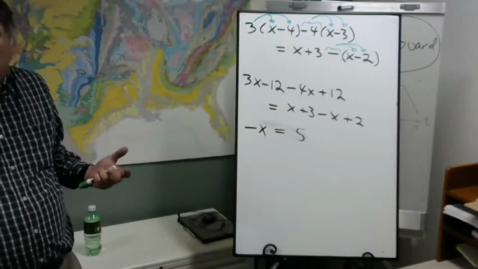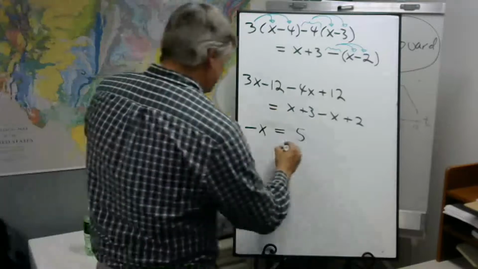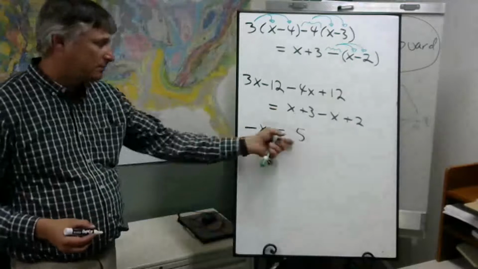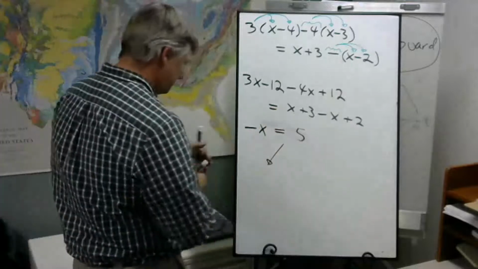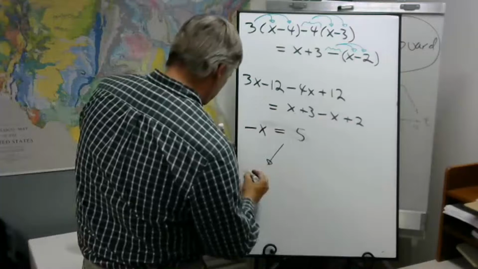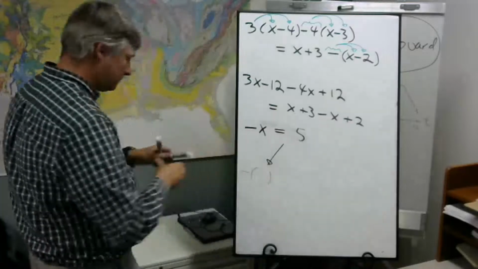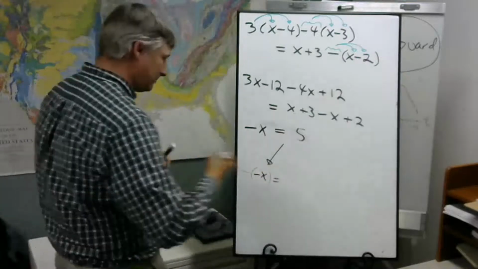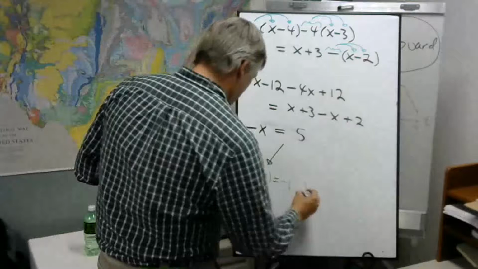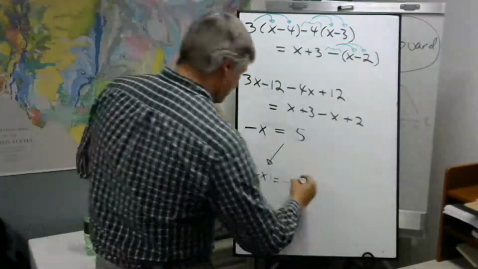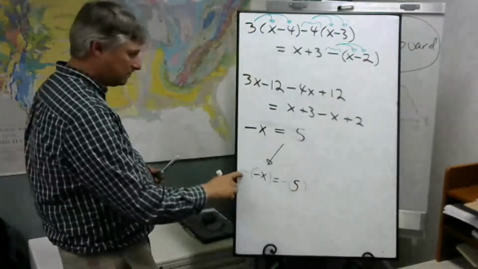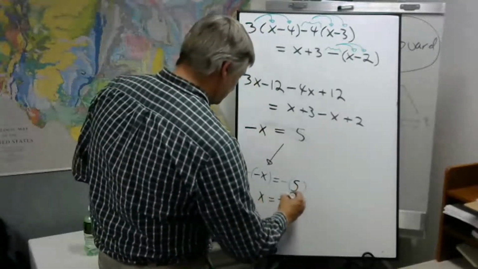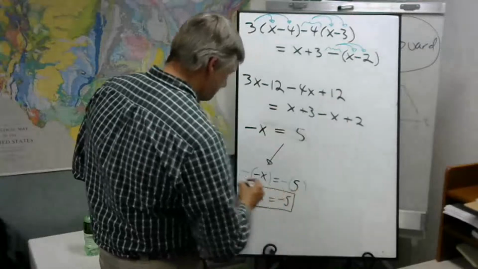So there's a number of things you can do with this. At this point, we could use the opposite operator, again, on both sides. So those cancel. Get x's, negative 5.